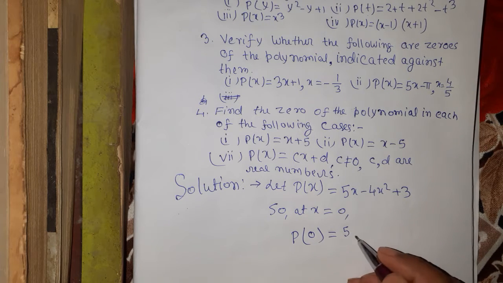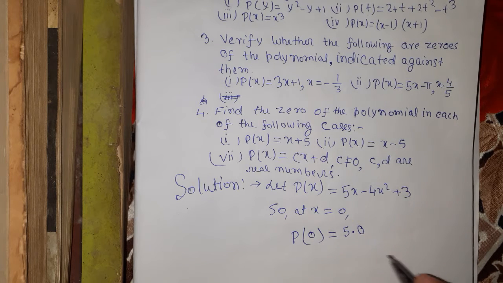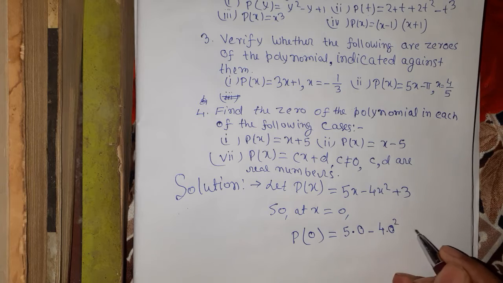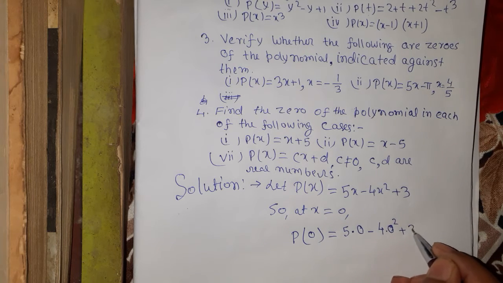Here we see 5x means 5 into x, the value of x, here we have to put 0. So 5 into 0 minus 4x square means 4 into 0 to the power whole square plus 3.